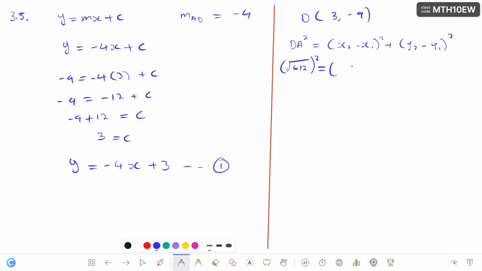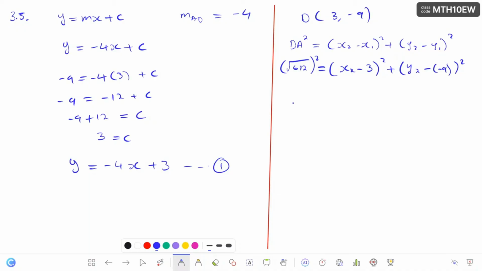So we are going to say x minus 3 squared plus y minus (-9) squared.